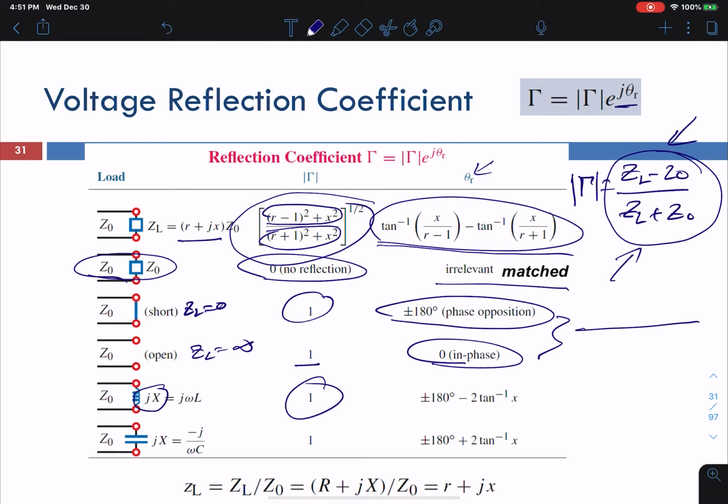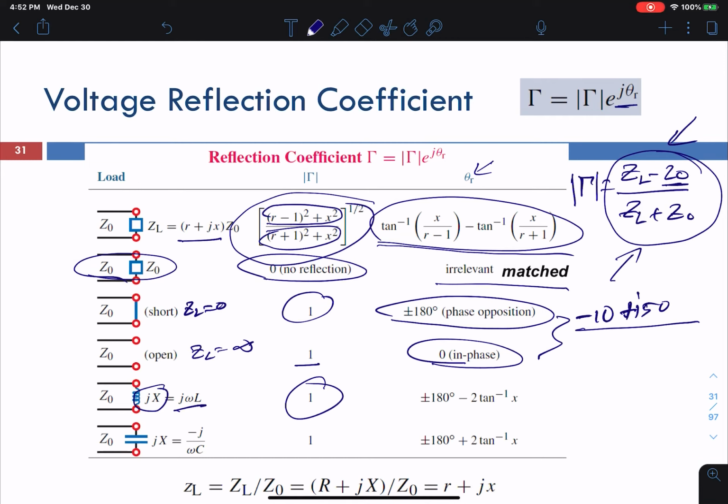As you know, your Z0 over here for a lossless transmission line is just a real number. Let's say that is 10. So let's say negative 10, then you have j omega L, let's put it 50, so j50.